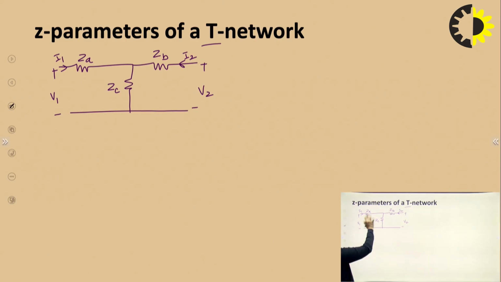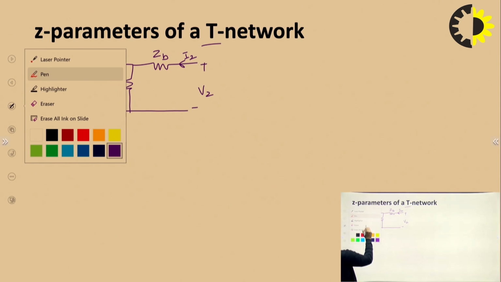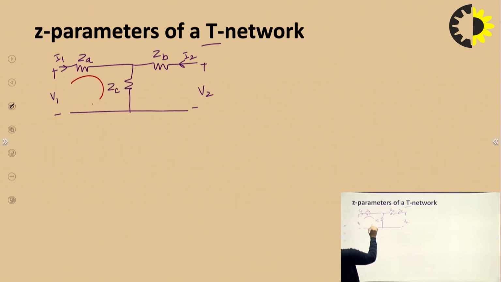Here I can see two meshes. Let's apply KVL in these two meshes. Say this is current I1 and this is current I2. Apply KVL in mesh 1.